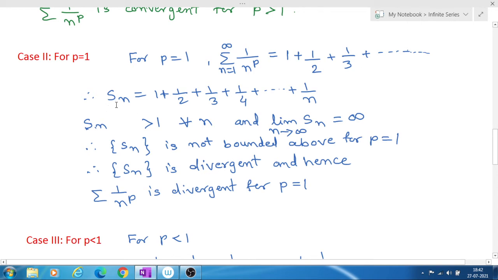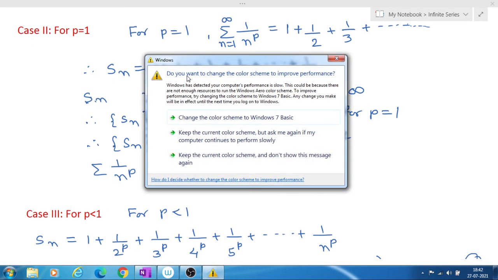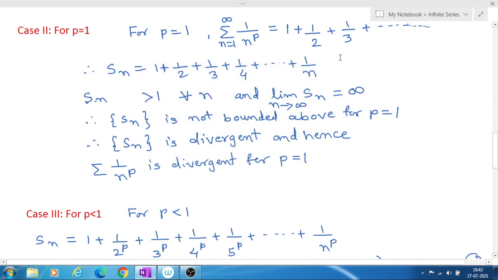Let us take Sn, that is the sum of only the first n terms. Therefore Sn is equal to 1 plus 1 upon 2 plus 1 upon 3 plus dash dash plus 1 upon n. Now this Sn is greater than 1, since it is 1 plus all positive terms.